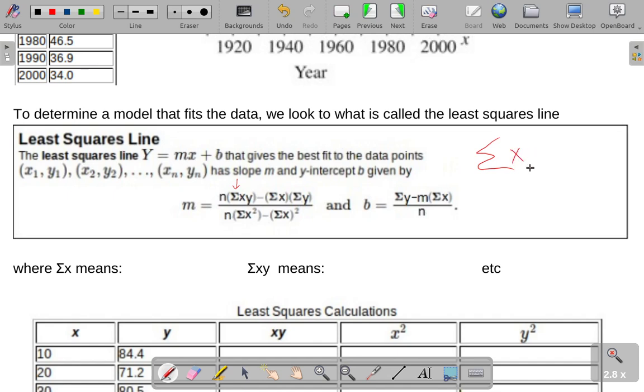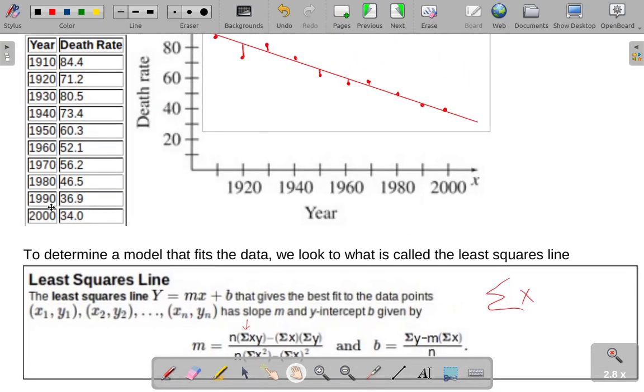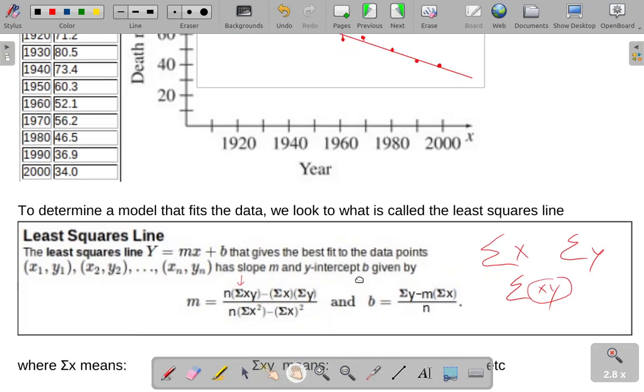If I did a sigma x, it would look at all the x coordinates and sum all of those up. If I did a sigma y, it would look at all the y values and sum them up. If I did a sigma xy, it would take the x coordinate times the y coordinate for each of those points and add all of those up. That's what sigma x, sigma y, sigma xy all mean.